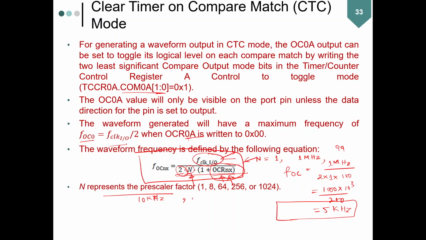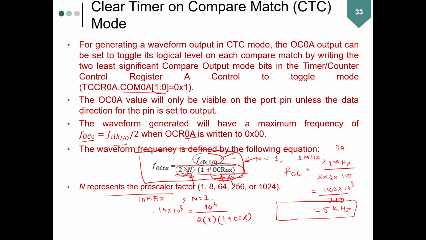So suppose initially I take n is equal to 1. If that is the case, then 10 into 10 raised to the power 3 is equal to 10 raised to the power 6 divided by 2 multiplied by 1 multiplied by (1 plus OCR).